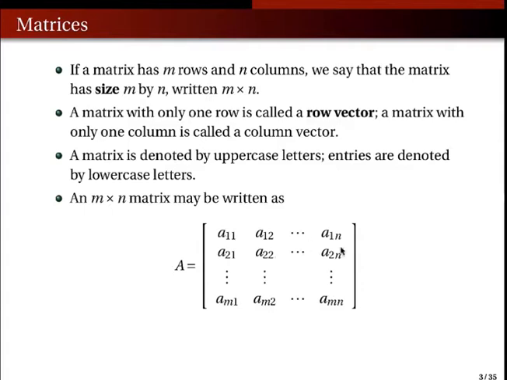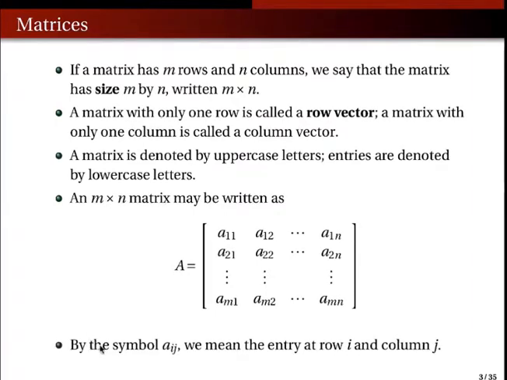For example, in this entry here, you have a2n. The first subscript 2 tells you that it is in the second row, and the second subscript n tells you that it is in the nth column. So this is the usual notation we were using when we looked at the augmented matrix.